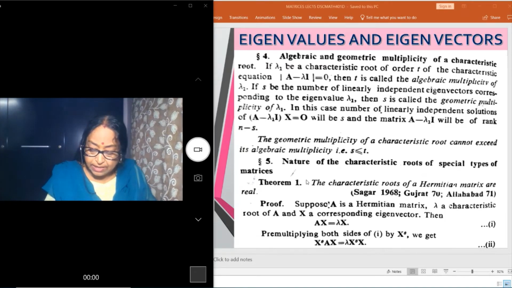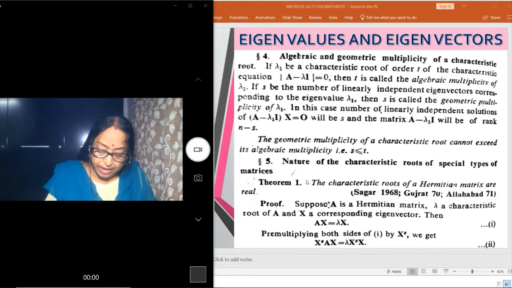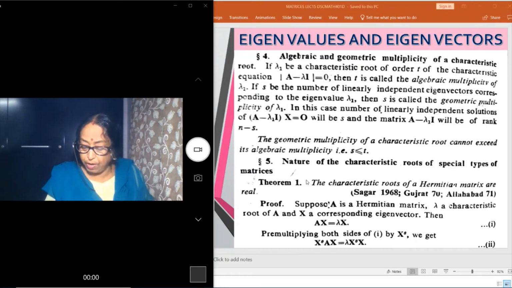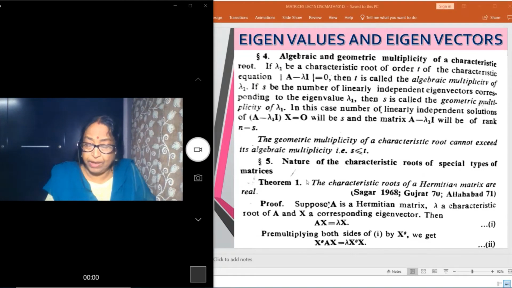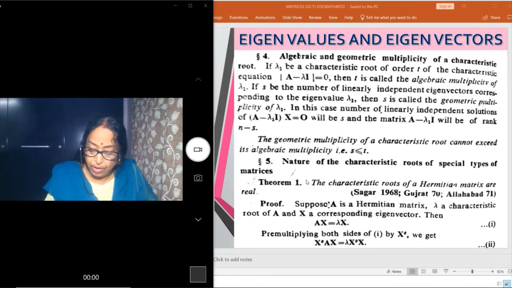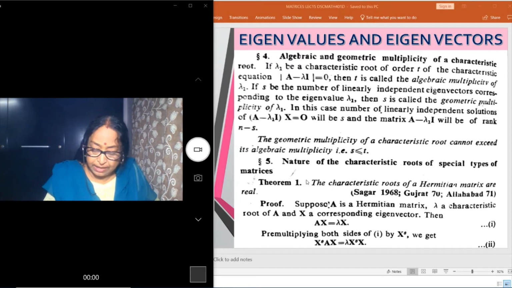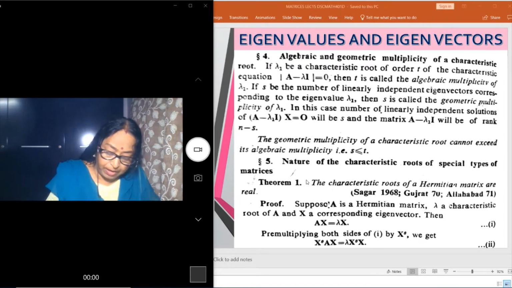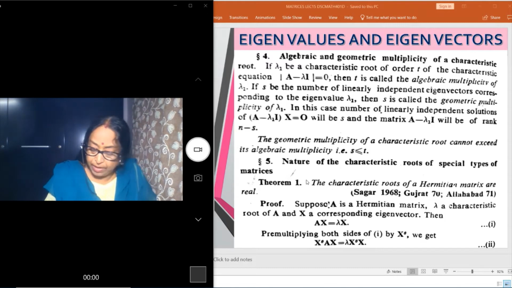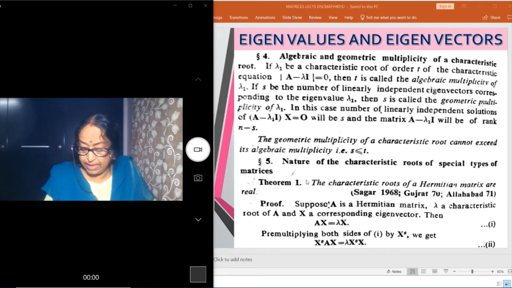In this case, the number of linearly independent solutions of (A minus lambda 1 I)x = 0 will be s, and the matrix A minus lambda 1 I will be of rank n minus s.